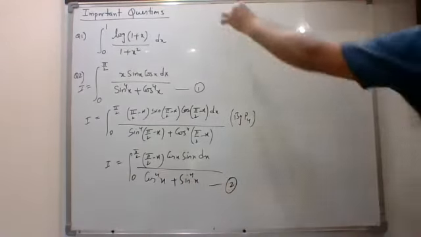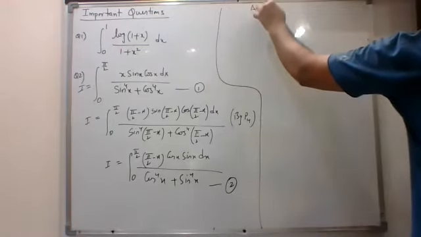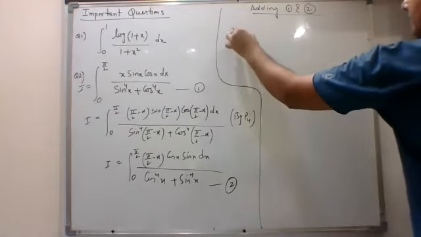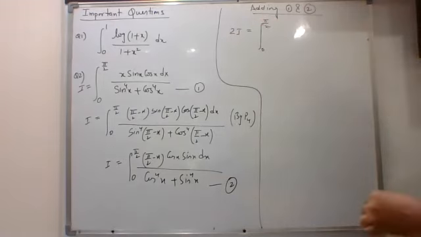So when you add 1 and 2, you will get 2 times of I is equal to 0 to 90. Now here in number 1 and 2, you can observe that denominators are same. So let us club the numerator.